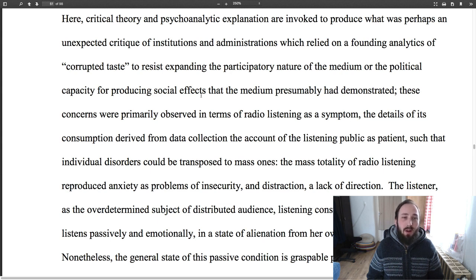These concerns were primarily observed in terms of radio listening as a symptom, the details of its consumption derived from data collection, the account of listening public as patient, such that individual disorders could be transposed to mass ones.